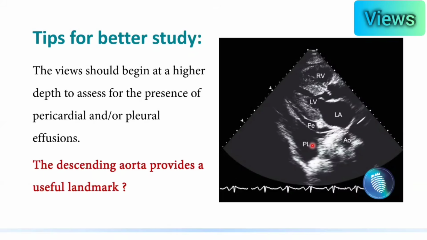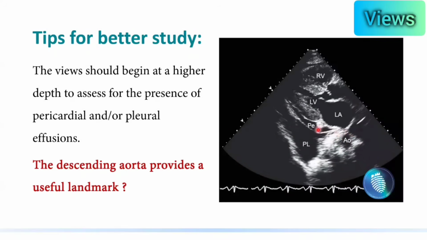So how do we differentiate between both of them? The clue here is the descending thoracic aorta. When we look at the left atrium, behind the left atrium there is a large rounded structure, which is called the descending thoracic aorta.